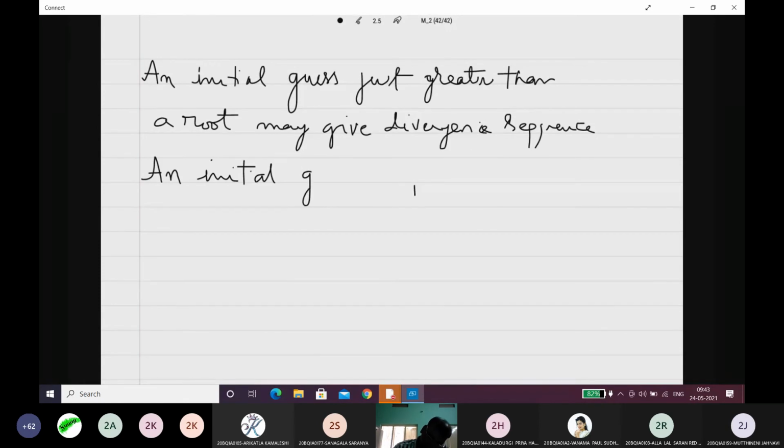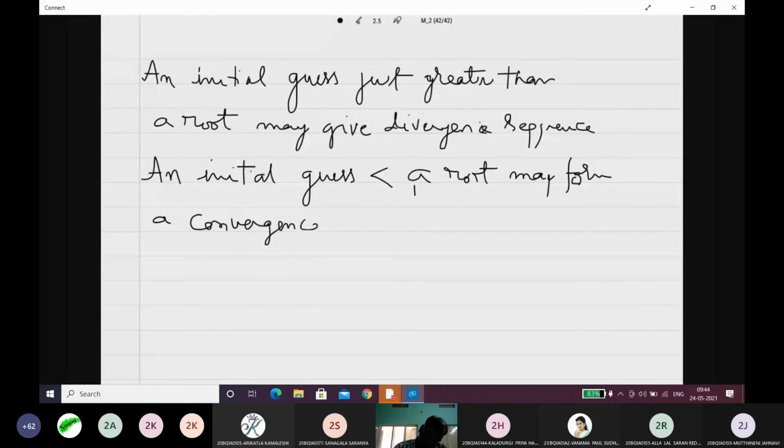Initial guess less than a root may form a convergent sequence.